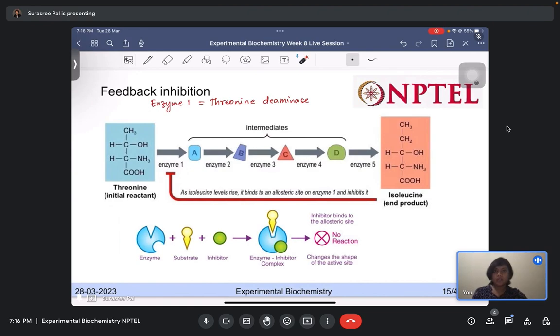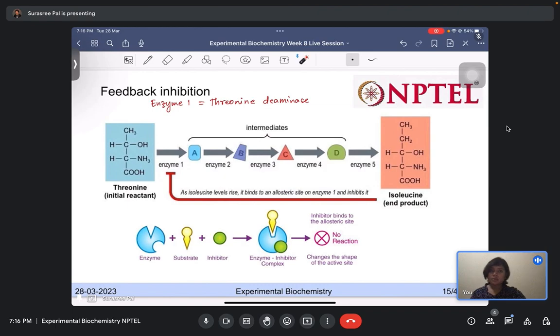So the metabolic pathways, if you have studied glycolysis or the Krebs cycle, you know that there are several reactions that consist one metabolic pathway, and several reactions are taking place, and there are several enzymes which are involved. So in these pathways there is something which is called feedback inhibition, which is a very common type of inhibition of enzymes in such metabolic reactions.